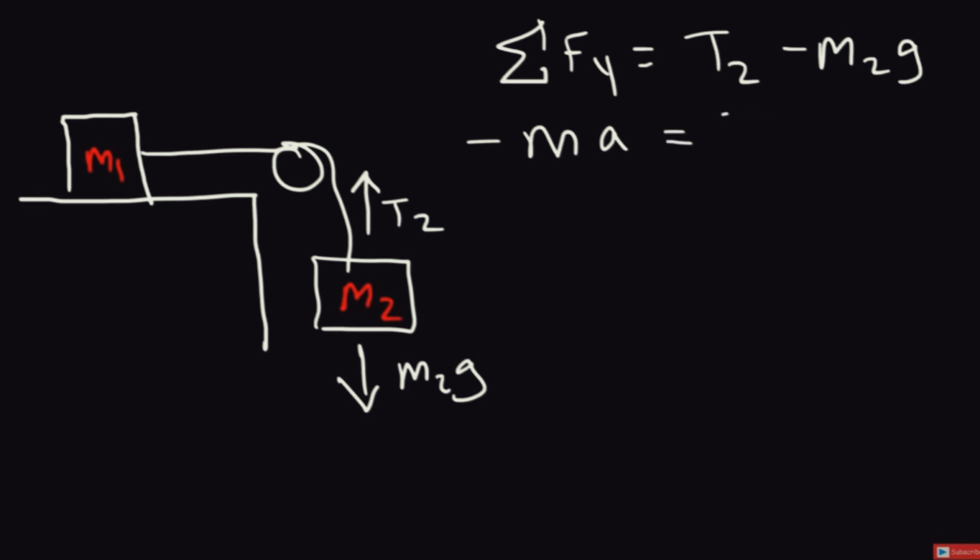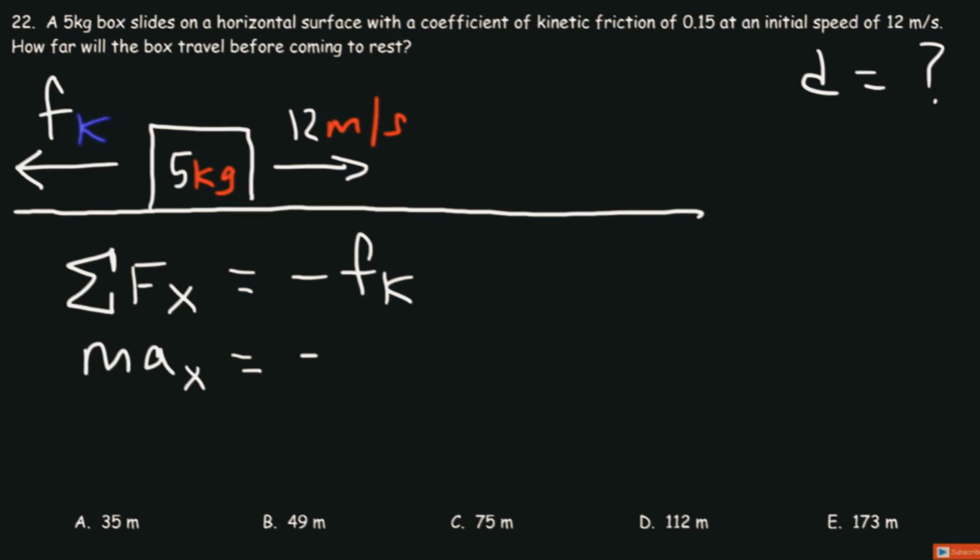So let's isolate T2 in this example. Let's take this term and move it to the other side. So T2 is going to be m2g minus this support. Now Fk, we can replace with mu k times the normal force.